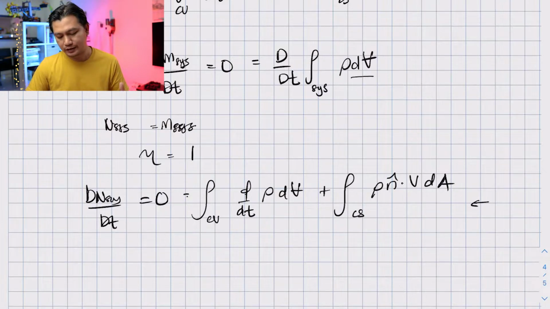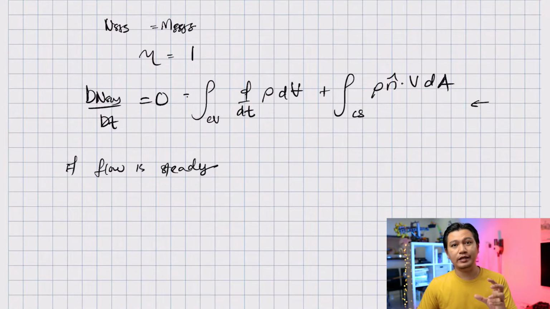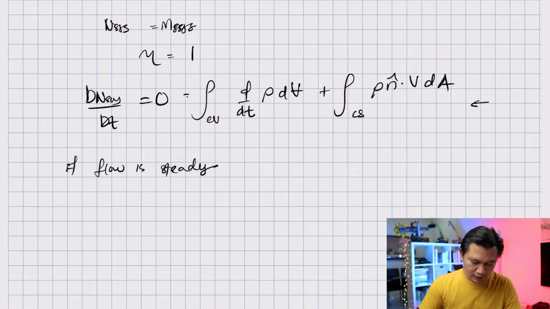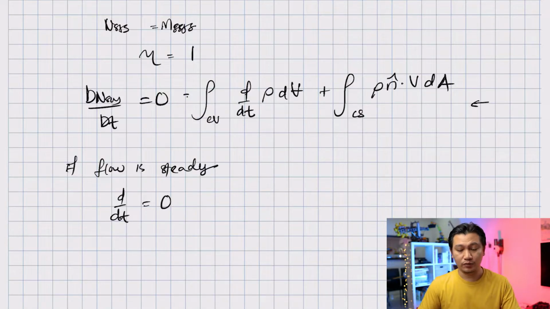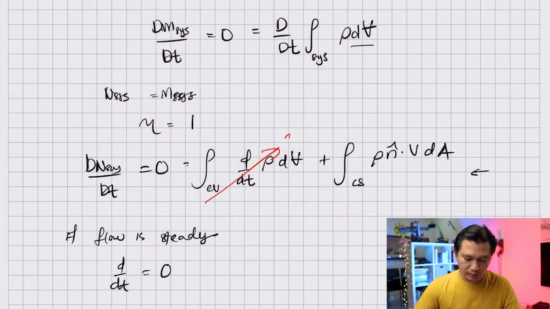And what do we do next? If the flow is steady, meaning that inside the system the flow does not change with time, then the d over dt term is definitely 0. So this term becomes 0 because the system is steady.